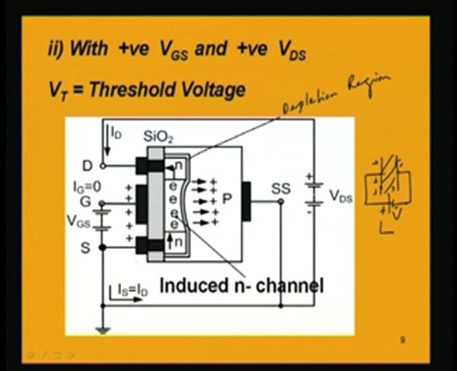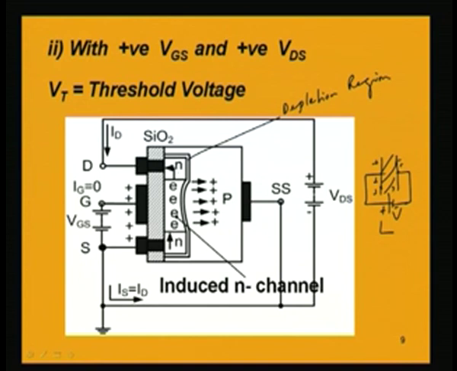In this case also it is analogous to a parallel plate capacitor, because here we have accumulation of positive charges on this side, and on the other side of this insulating material, which is silicon dioxide, we have the electrons, which are the negative charges.